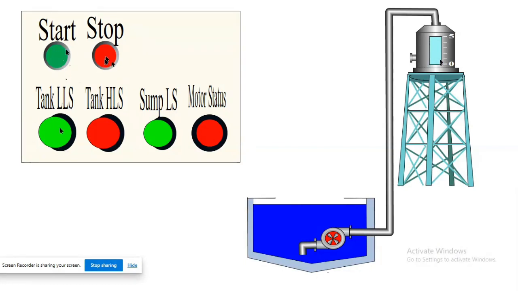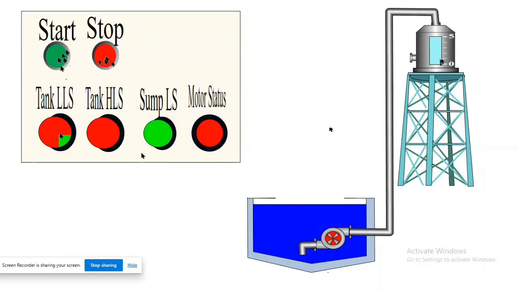I'll release some water here. The water goes below the low level sensor now. That can be seen here. Yes. Now even though the water is going below the tank low level sensor, I have turned off the system using master controls, so it is not getting on.